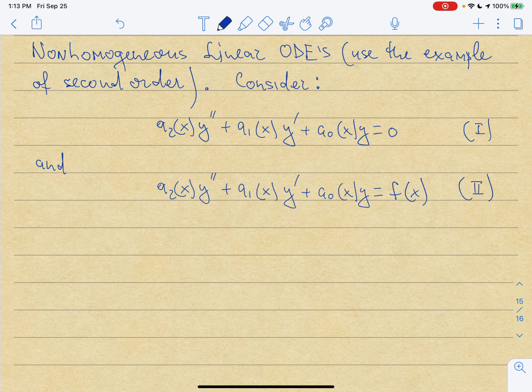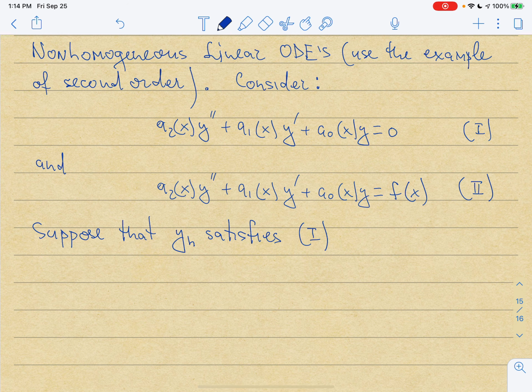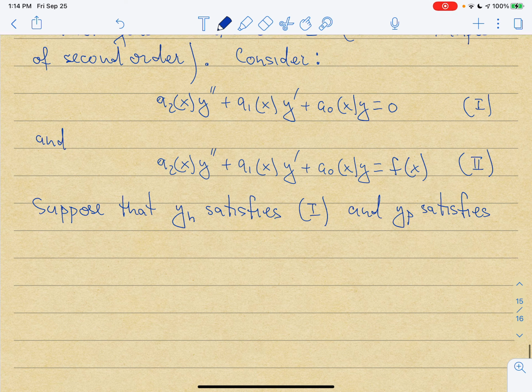All right, so let's suppose that the function yh satisfies equation 1, and yp satisfies equation 2.